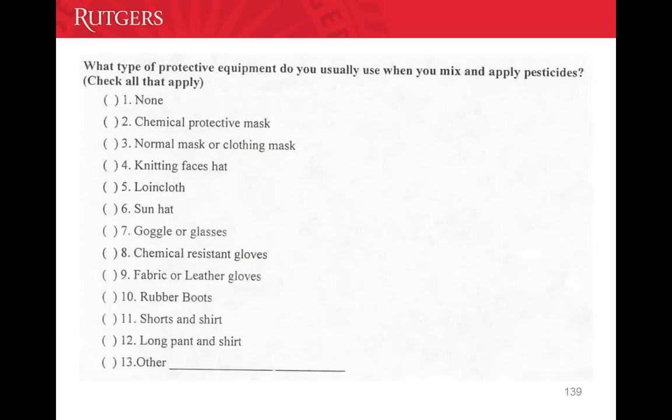And the first thing we did was look at what people use to protect themselves when they apply pesticides, going back to our exposure discussion. The number one answer, none, is a very common answer all over the world. Certainly was here in this work. Working down, you see numbers 4 and 5, knitting faces, hat, and loincloth, which I thought were interesting uses of protective clothing.